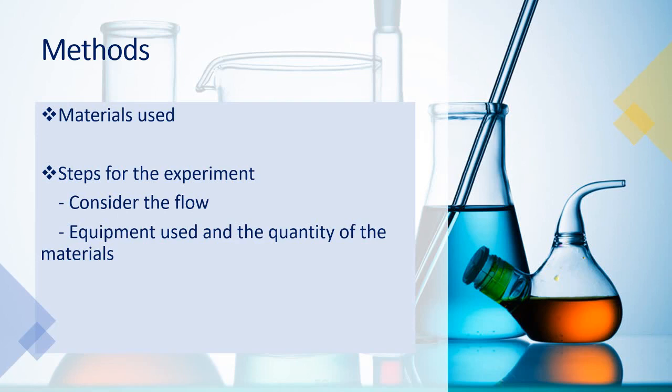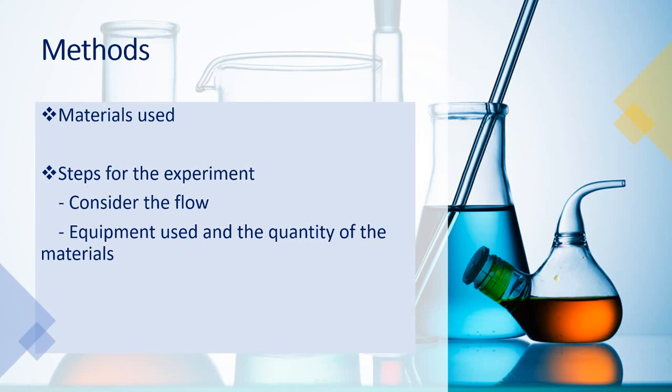The most important thing that should be noted in the methods and materials section is the flow of the steps by which the experiment was conducted, as well as listing the equipment that was used and quantifying the materials that were used. So, having specific quantities or measurements for the materials that were used.